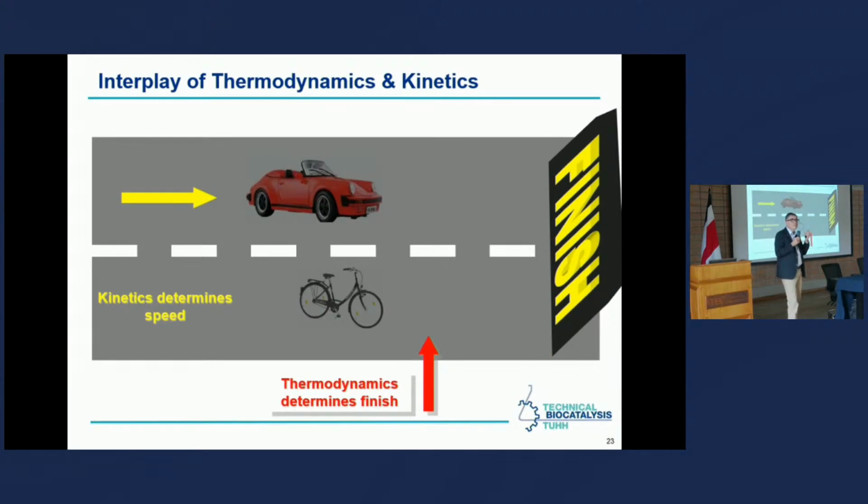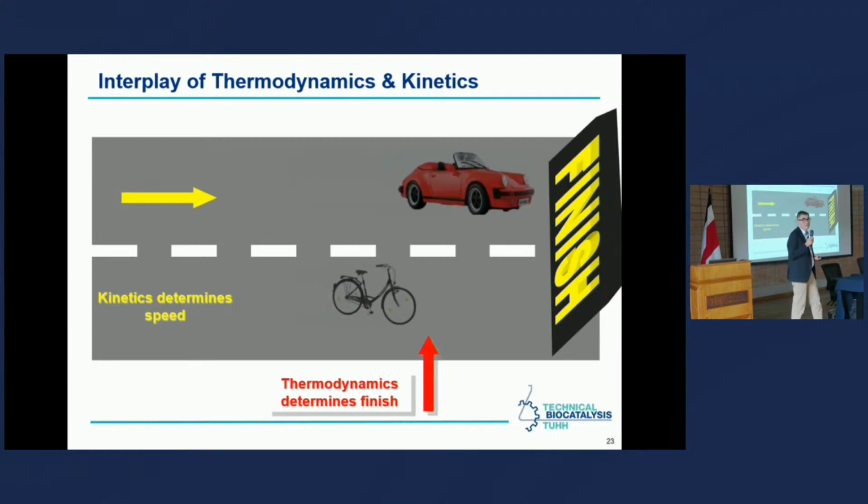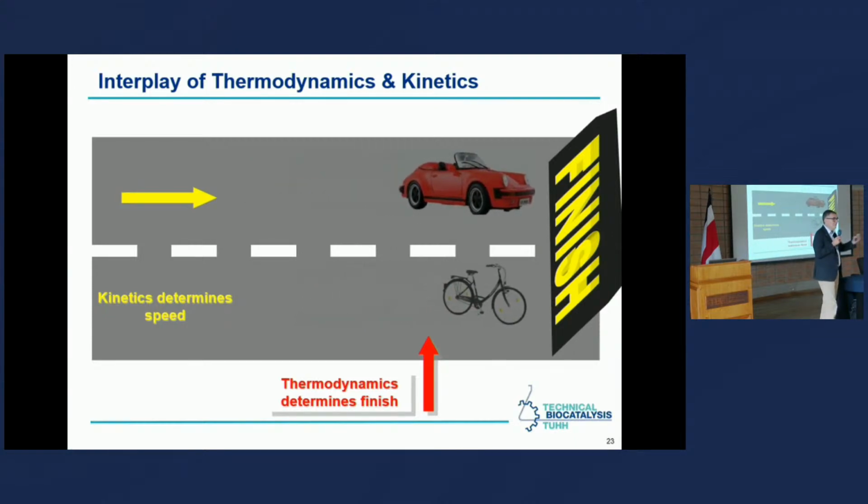If I increase the rate of the catalyst by molecular engineering, for example, I will just be faster there. So if I have a faster car, I will be faster at the end of the traffic jam, but it will not alter anything with the traffic jam. I just need to get more roads to get rid of the traffic jam.